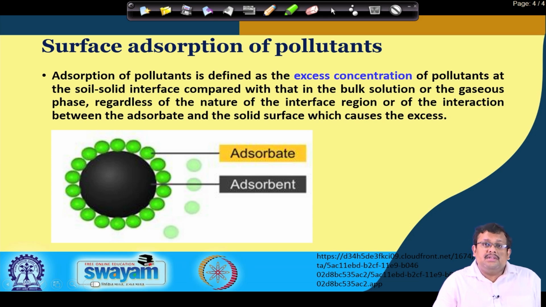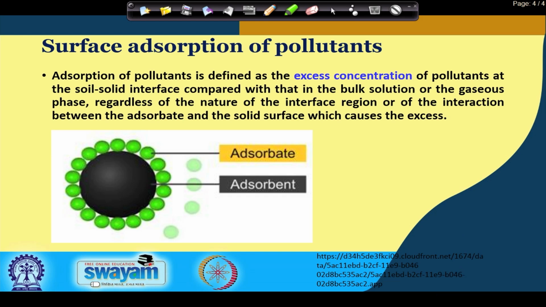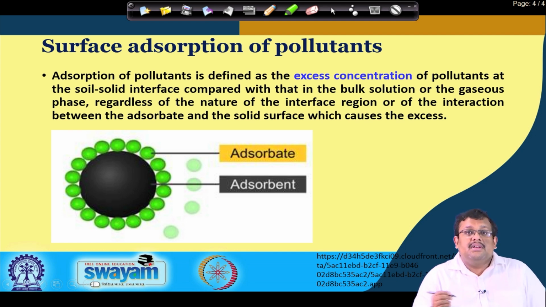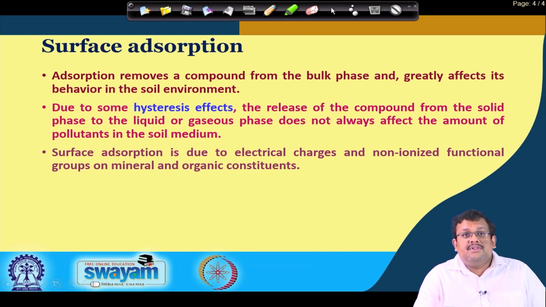We talked about the concepts of surface adsorption of pollutants and how this excess concentration of pollutants occurs in the soil solid interface compared with that of the bulk solution or the gaseous phase, regardless of the nature of the interface region of the interaction between the adsorbate and solid surface, which basically causes the excess.